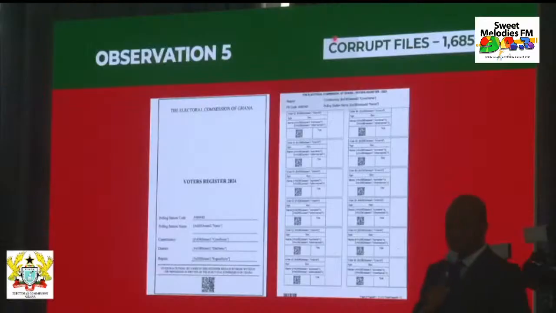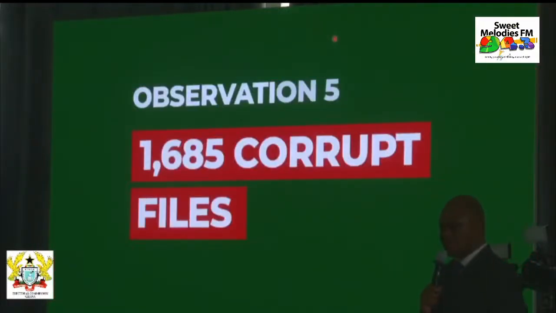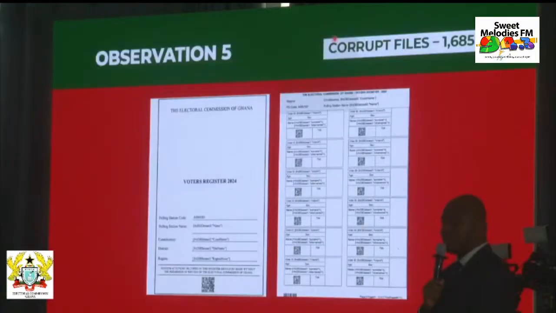There were some of the files that were given in the provisional voters register that were not readable. And I'm saying that that observation indeed is accurate. We did have some corrupt files. As to whether it was 168, we are not sure. But we did have some corrupt files.